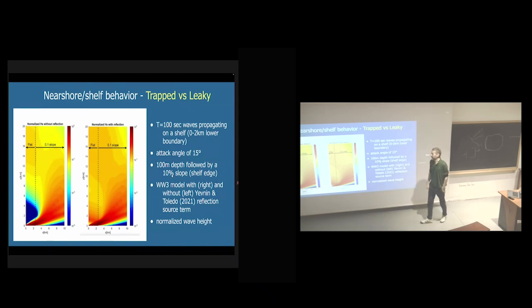WaveWatch model that we run, and we added a reflection term from the bathymetry. It's like solving the Mild Slope equation, and it's actually reflecting without a shoreline. So here is a flat 100 meter shelf that's going down in a slope of 10%. And then you can see the waves propagating out from this side, let's say the infragravity wave, and they're refracting back.